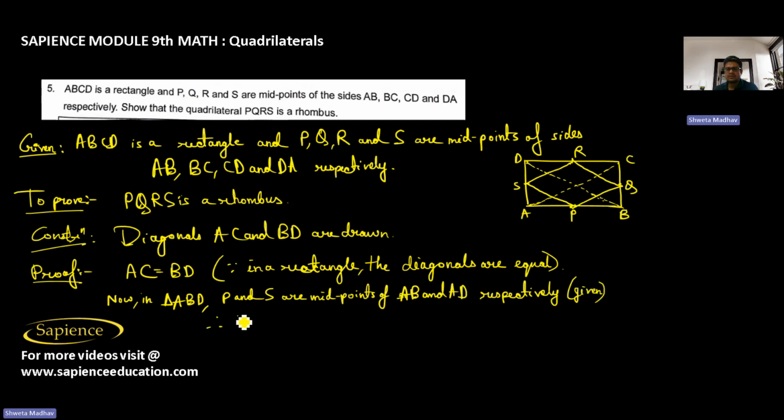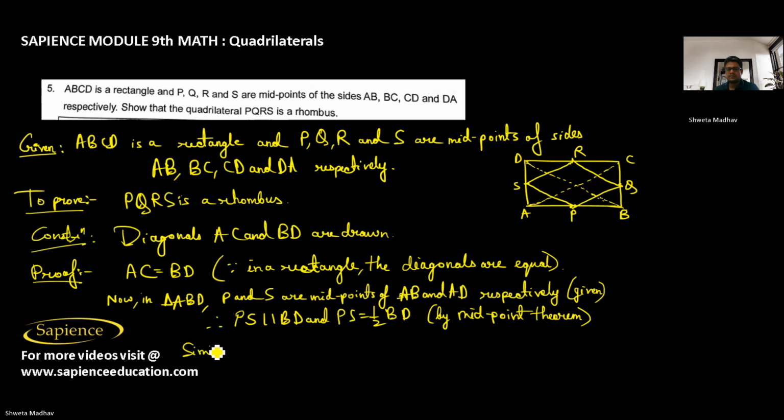So therefore, we can say that PS is parallel to BD and PS equals half of BD, by using the midpoint theorem.